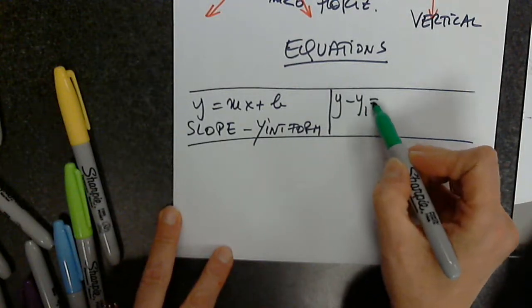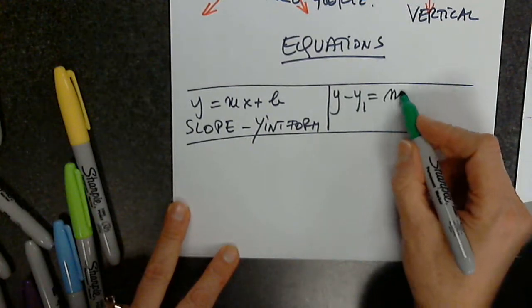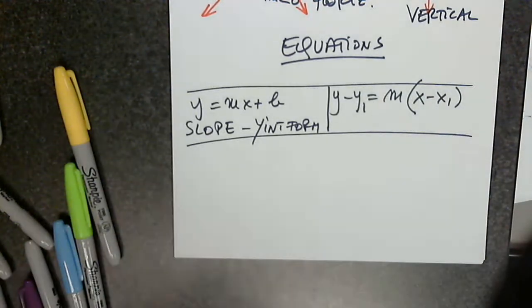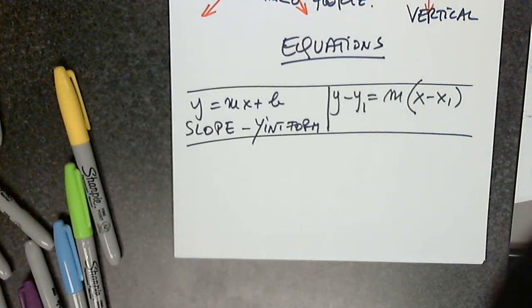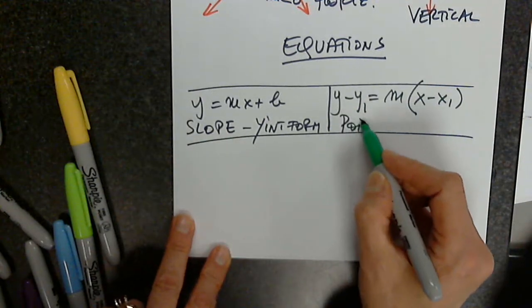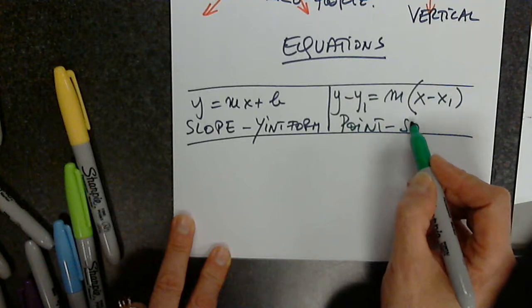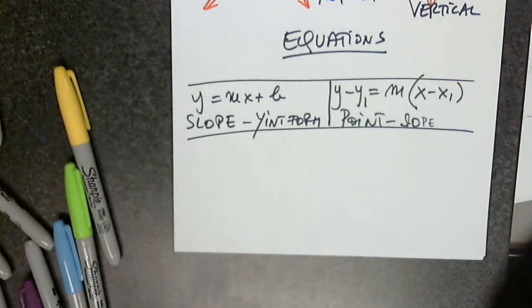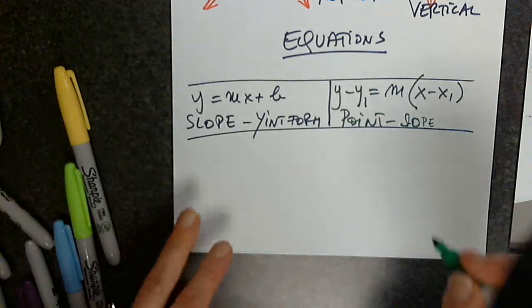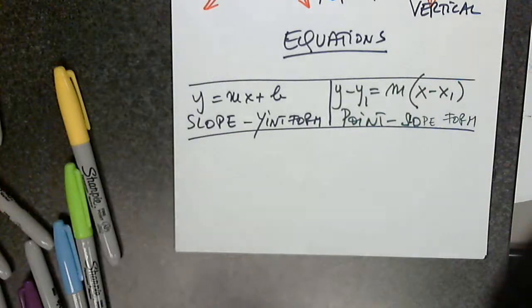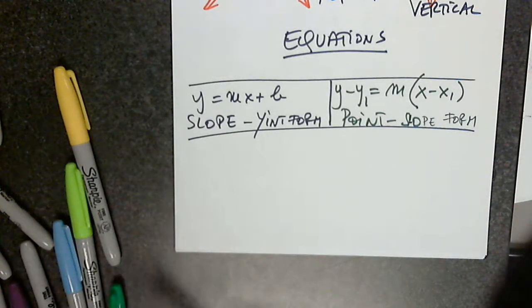Y minus y1 equals, yes, m times parenthesis, x minus x1. And this is called? Exactly, very good. Point slope form. There is an L in there, sorry. Perfect.